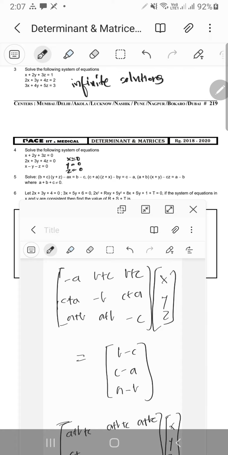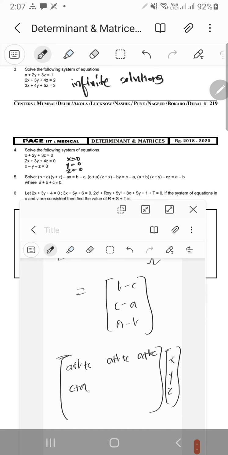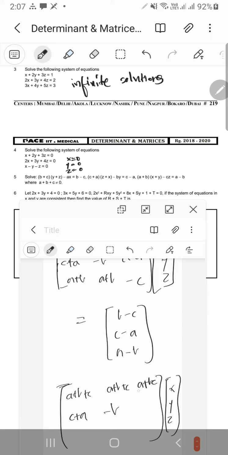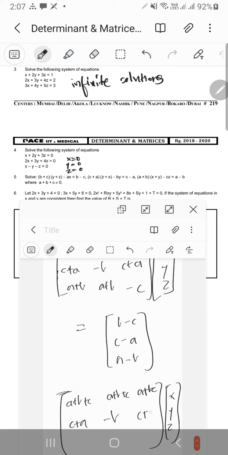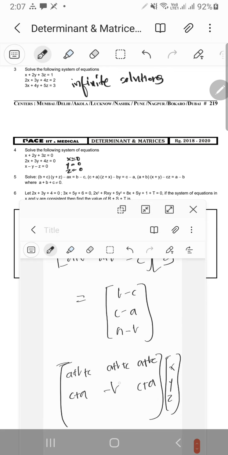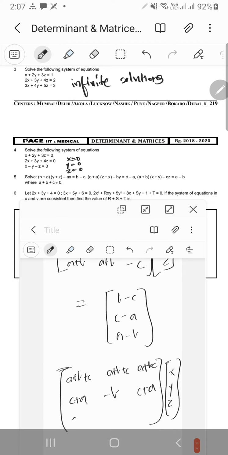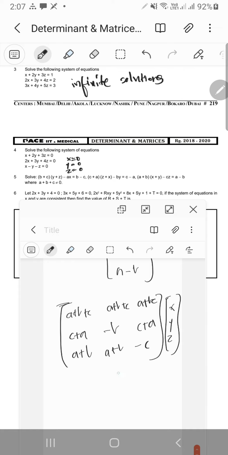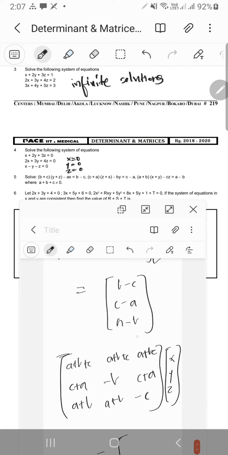It's definitely correct. Over there we just have c plus a, minus b, c plus a, a plus b, a plus b minus c, that is equal to, so you added all of these together, it will be 0.